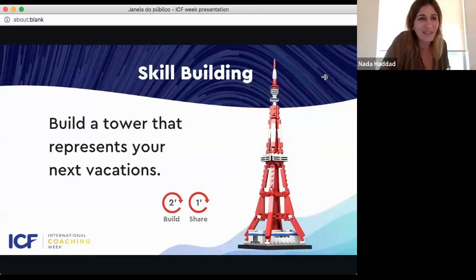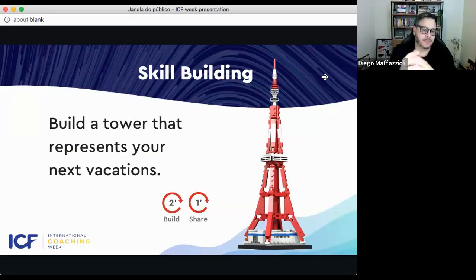Well, here's what's important. The first step to facilitate a Lego Serious Play method is to teach the players how to play. And we call this moment skill building, okay?